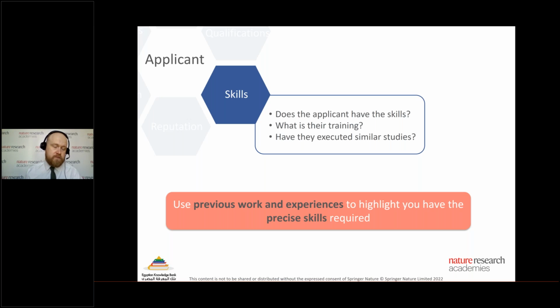So if you want to implement new skills into your proposal, you may want to work with a fellow expert who has greater experience in a certain skill. So in our proposal, we need to clearly highlight to the reviewers all of the relevant previous work and experiences where we've been able to demonstrate the precise skills required in the research project.